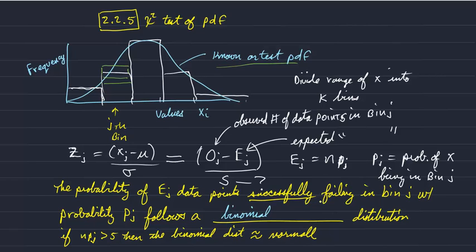So if np is greater than 5, then the binomial distribution approximates the normal distribution.